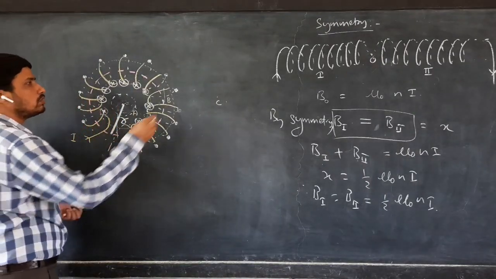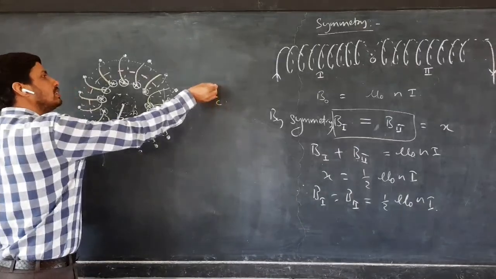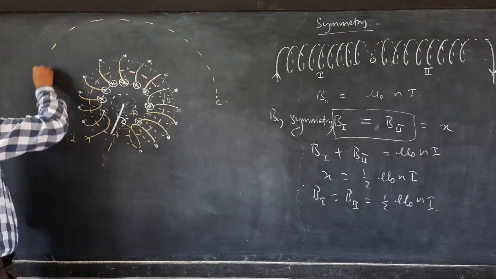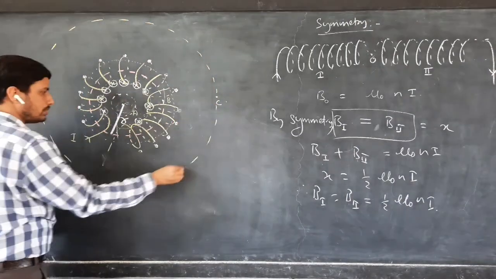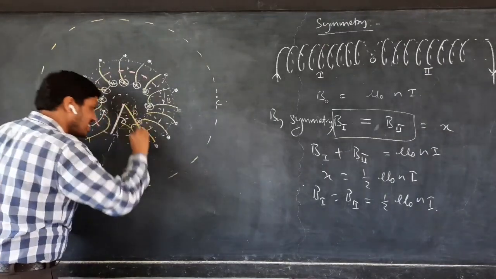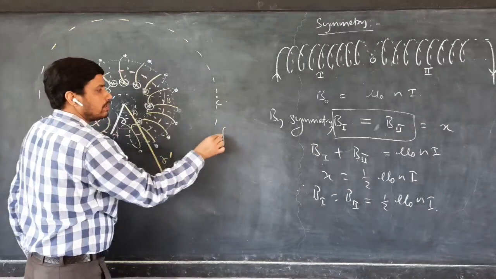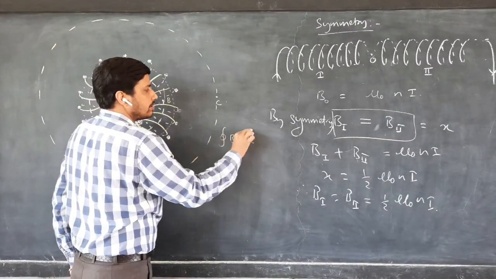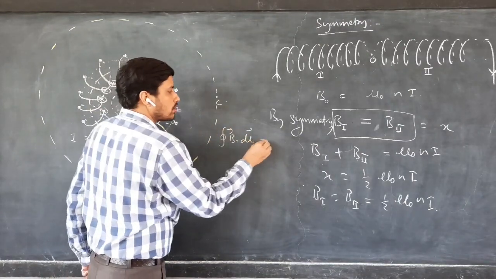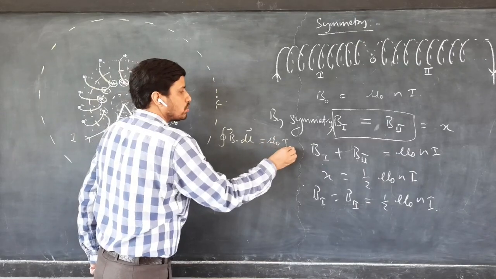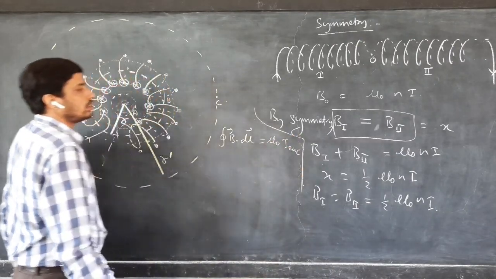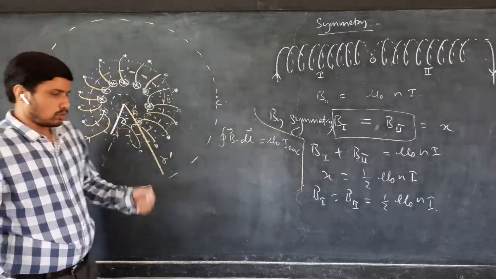First of all, we have to make an Amperian loop. So the Amperian loop will be a circle like so, and let this distance be r dash. Then we have integral B dot dl equals mu naught times I enclosed.